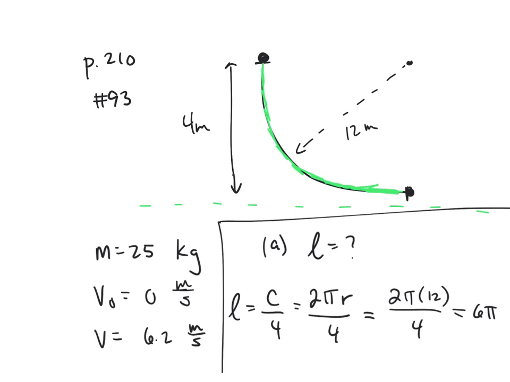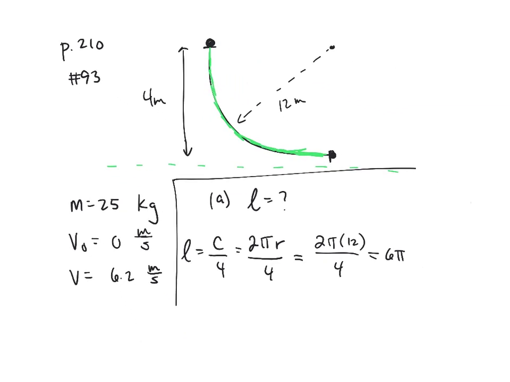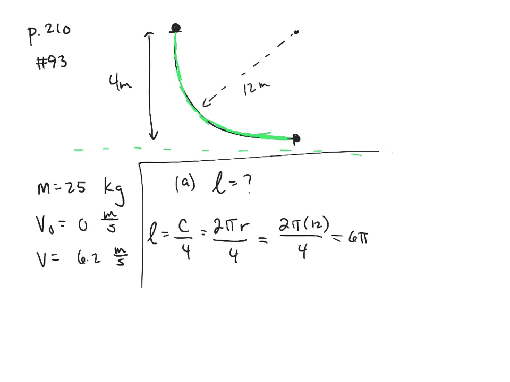Yeah, 24 pi over 4 is 6 pi. So that's the first part of the problem, and that's not really AP physics at all. That's just geometry. The second part of the problem says, determine the average friction force while sliding on this length of the slide.